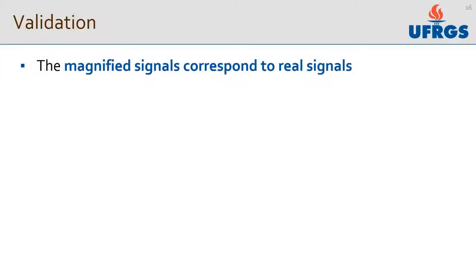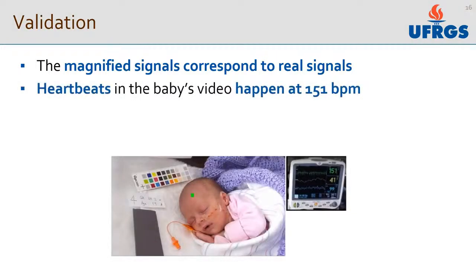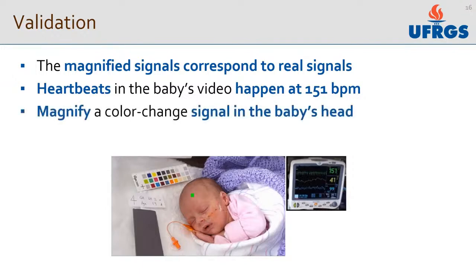A still relevant question is whether the magnified signals obtained using our technique correspond to signals that actually exist. To verify this, we analyzed the video of the babe, where it's known that the babe's heart rate is 151 beats per minute. We magnified the color variations at the baby's head, marked in green at the image, to obtain the following magnified signal in orange.